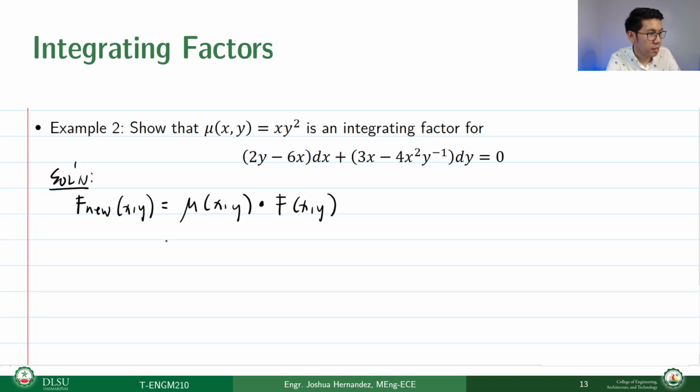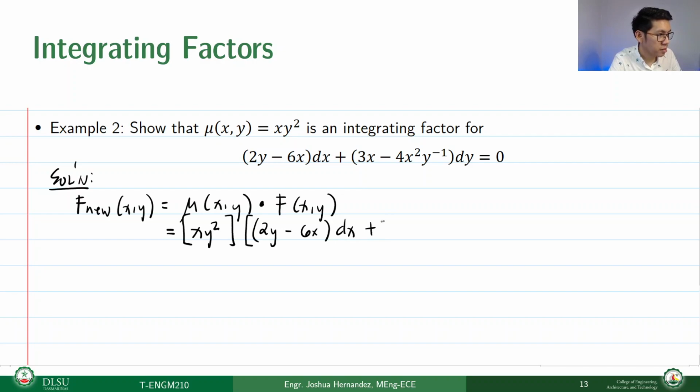That is, we multiply xy squared, the integrating factor, to the whole (2y minus 6x) dx plus (3x minus 4x squared y raised to negative 1) dy equals to 0.